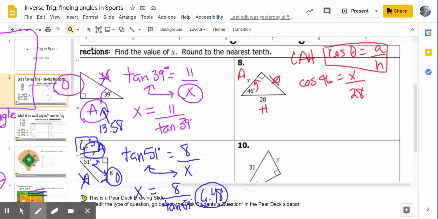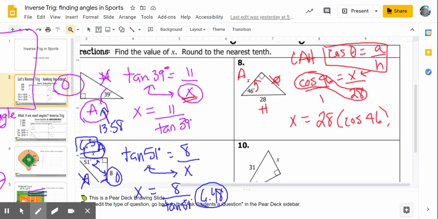Because I've got a number down here, it's kind of like we're just doing a proportion. We're just going to cross multiply here. So there's no need to flip it because my X is in the denominator. That's why I flip. Here, my X is in the numerator. So I just multiply. So X equals 28 times cosine of 46.